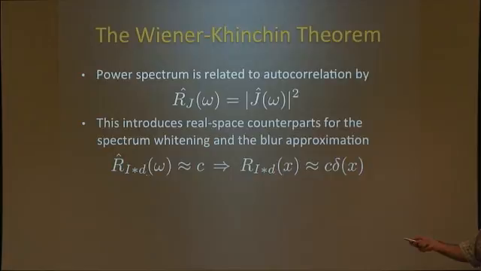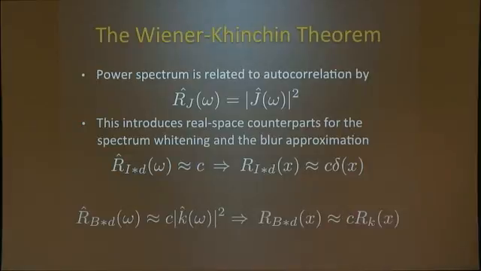This relation basically introduces a spatial counterpart to what we've seen before, right? If in Fourier space we're expecting to get a white spectrum for the image convolved with the whitening filter, that would mean that the autocorrelation of the image in real space convolved with that filter is supposed to give us the delta function. And similarly, if we're looking at the blurry image, which gave the power spectrum of the Blur-Kernel, now we're supposed to obtain in real space the autocorrelation of the Blur-Kernel.